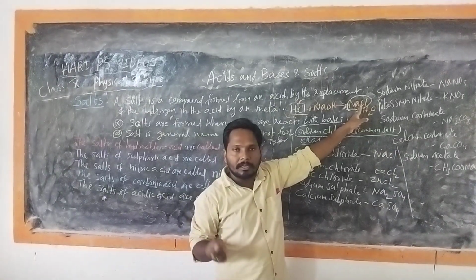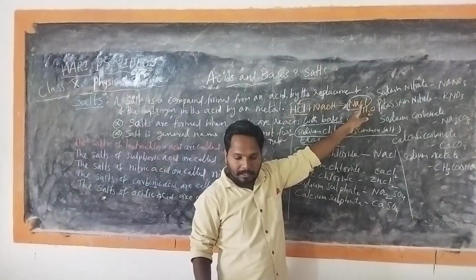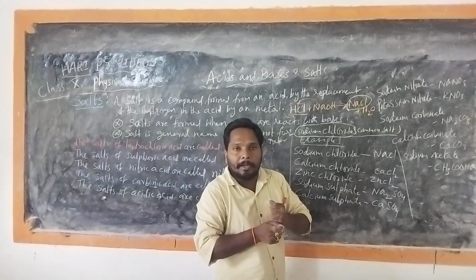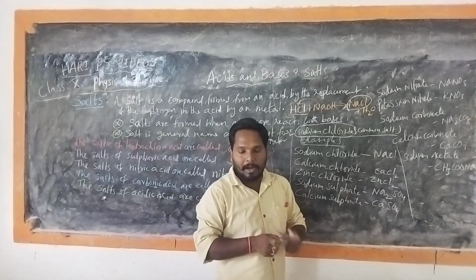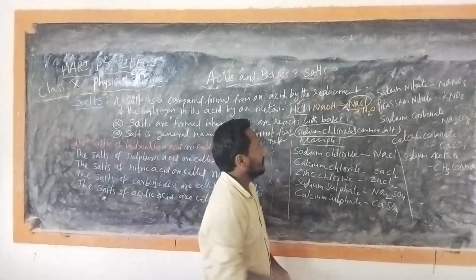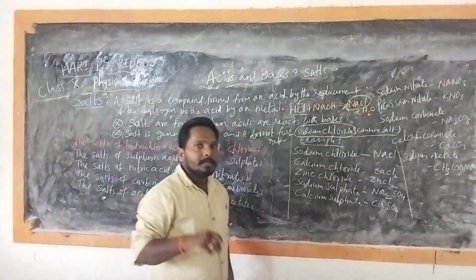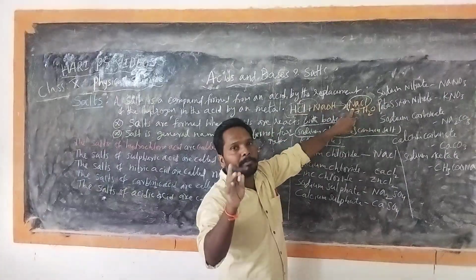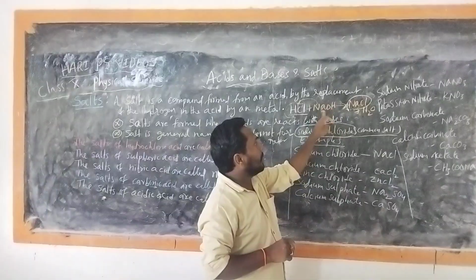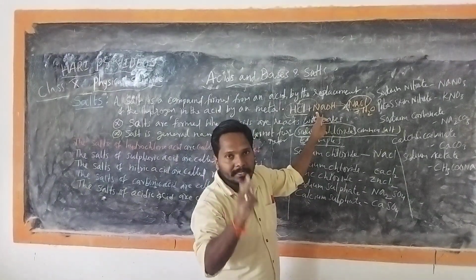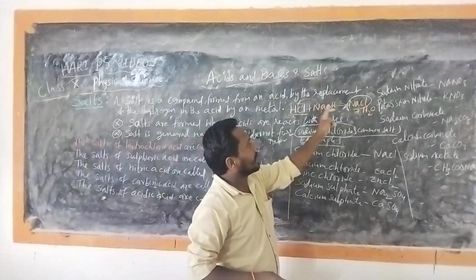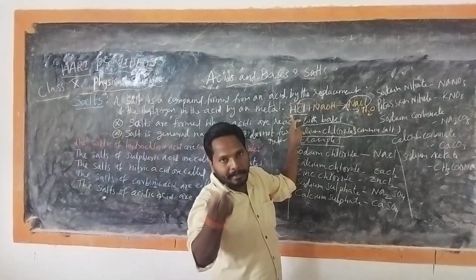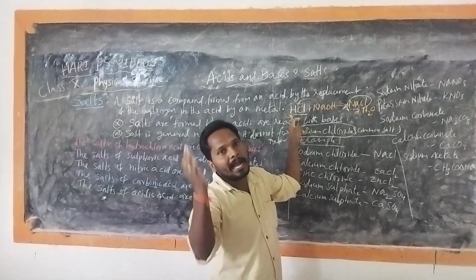The name of the salt consists of two parts. The first part is derived from the name of a base, and the second part is obtained from the acid. In sodium chloride, sodium is obtained from the base, sodium hydroxide. The second part is obtained from the acid, hydrogen chloride or hydrochloric acid.